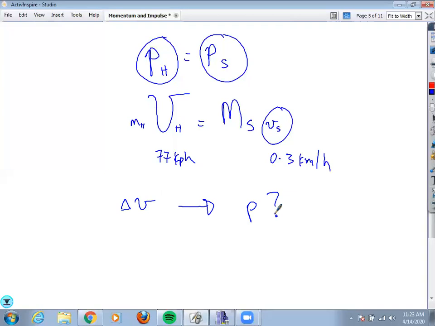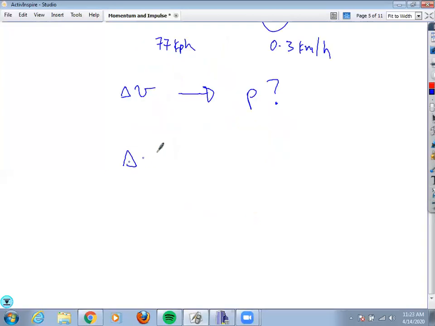And you probably feel that impact, that collision in your hand. But clearly, the velocity is changing. It went from moving to not moving, and of course, the momentum of something that's not moving is zero. So this leads us to the idea that if velocity changes, there will be a change in momentum.